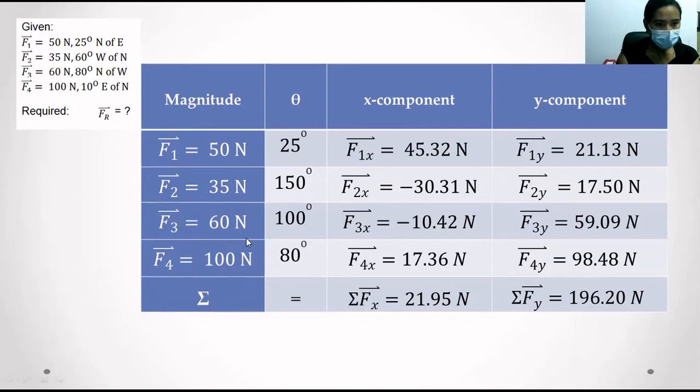The x component of F sub 3 is 60 newtons times cosine of 100 degrees. That would be F sub 3x equals negative 10.42 newtons. Our x component for 100 newtons cosine of 80 degrees, F sub 4x, equals positive 17.36 newtons.